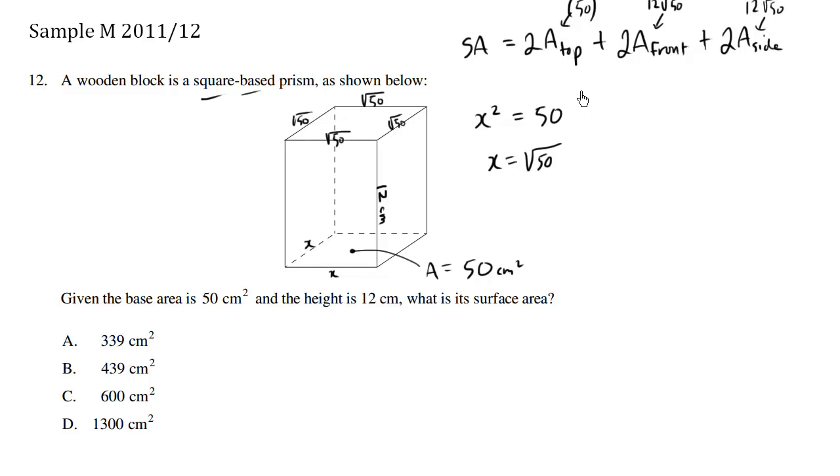So let's work it out with our calculator. What we have here is the surface area of this shape is 2 times 50 plus 2 times 12 root 50 is going to be 24 root 50, plus 2 times 12 root 50 is going to be 24 root 50.